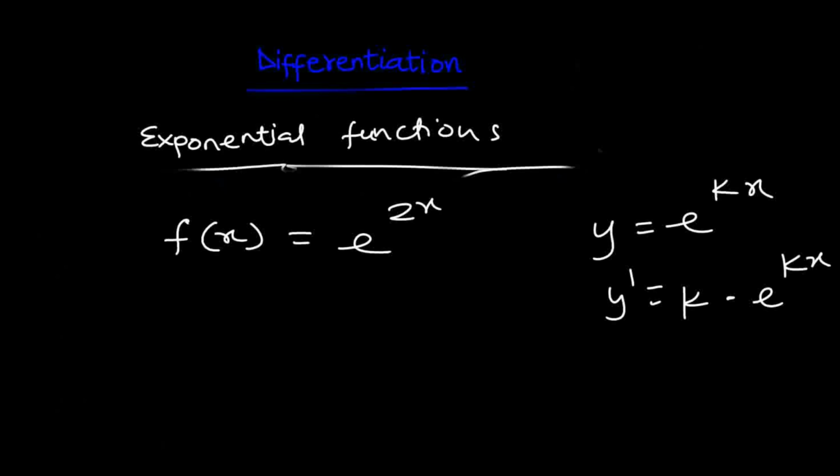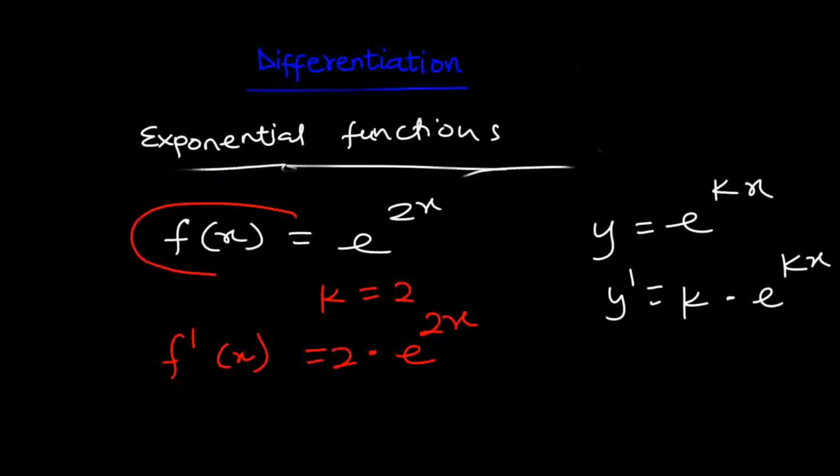I'm going to apply this rule to this question. Here, k equals 2. Therefore f prime of x will be 2 multiplied by e to the power 2x. This will be the derivative of this function f of x.